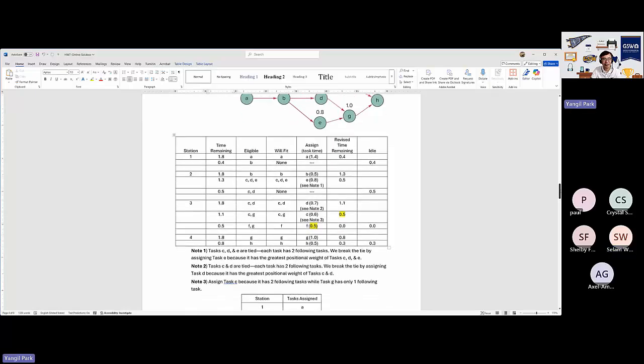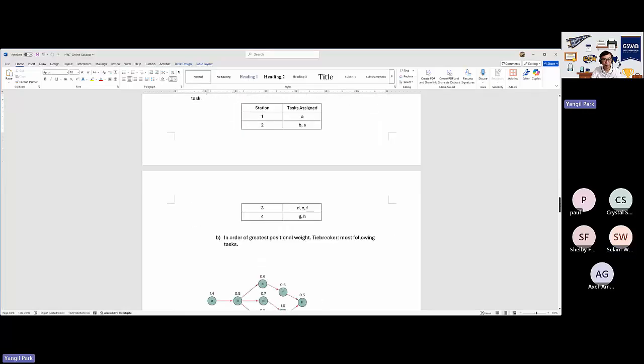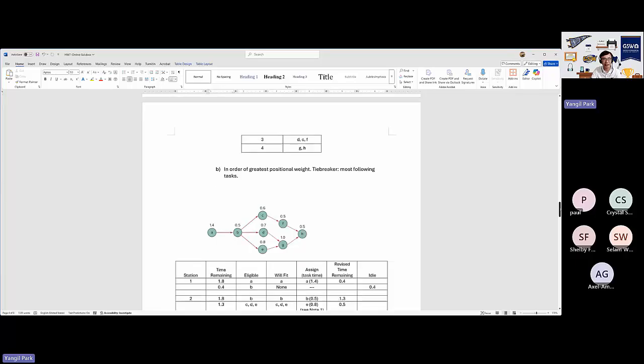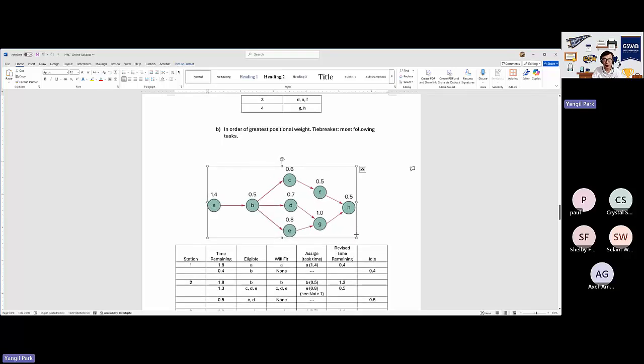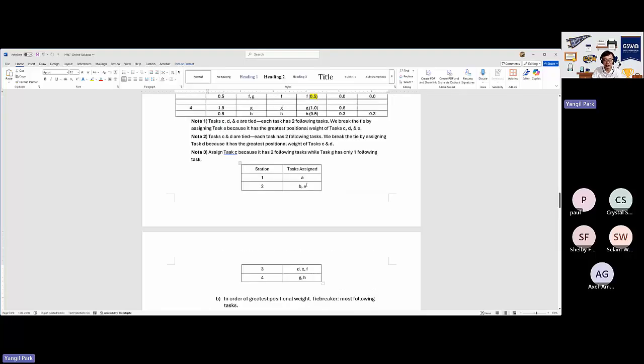Okay. All right. And the other question is asking about this time the order of tasks depending on greatest positional weight, not the remaining number of tasks. So let's see how this time will be different in terms of which tasks will be assigned to each station.